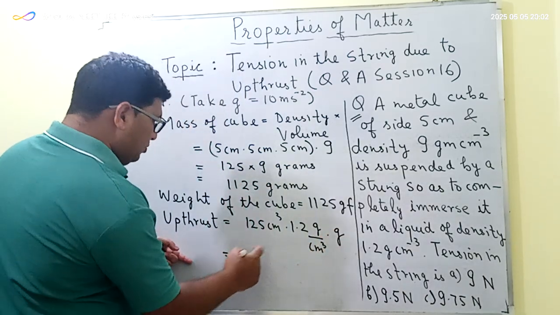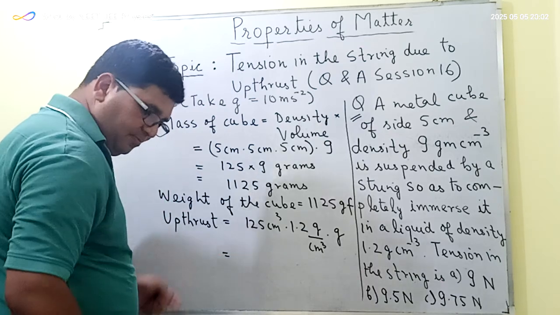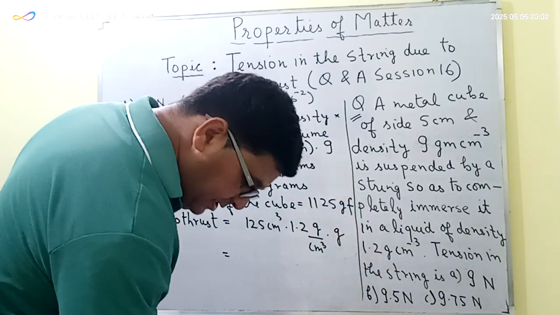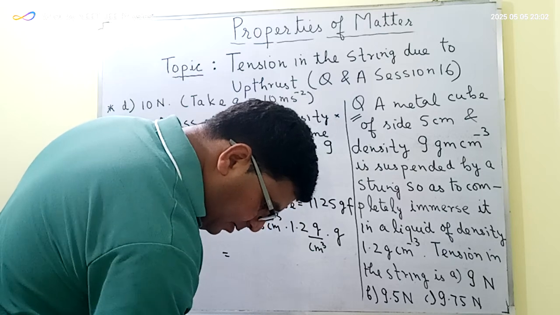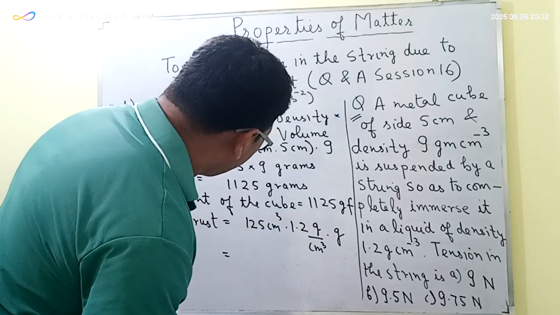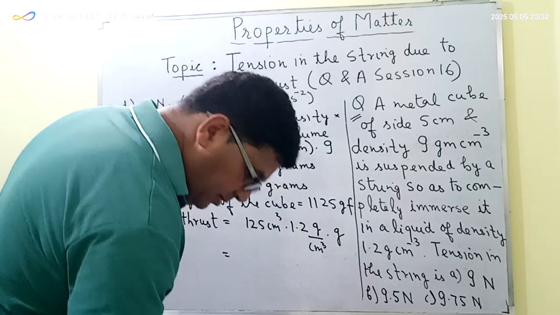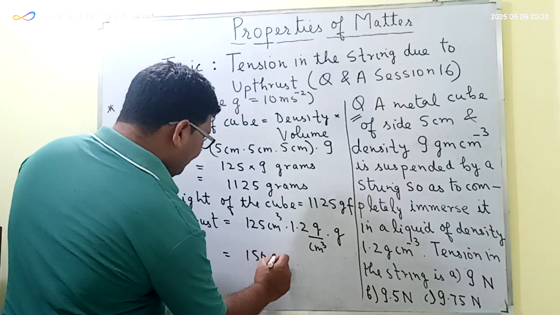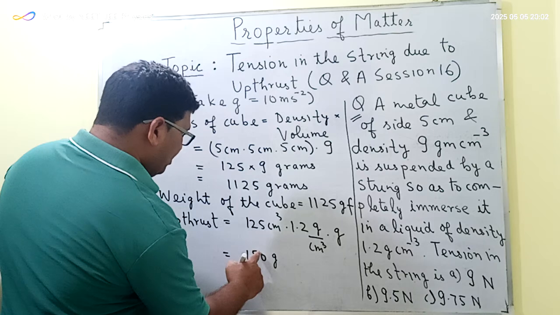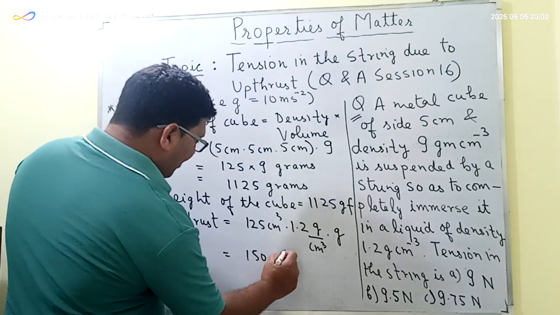So if I calculate this value, this will be equal to 125 into 1.2. This is equal to 150 gram force.